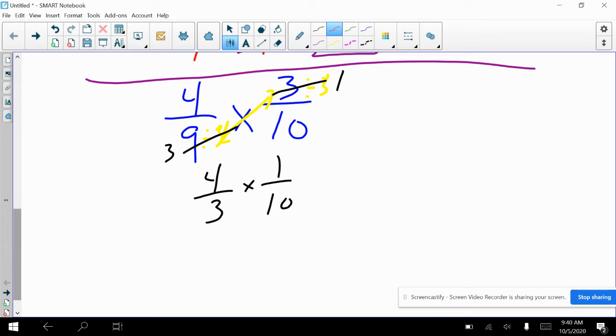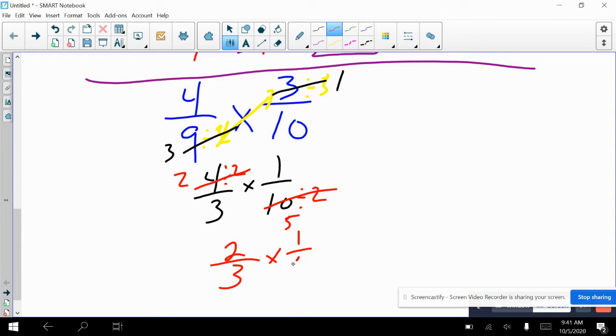Is there another number that goes into 4 and 10 evenly? 5 does not go into 4 evenly. 2, there you go, that's better. 2 does. 4 divided by 2 is 2, and 10 divided by 2 is 5. So our problem really looks like this: 2/3 times 1/5. I multiply across. I get 2/15.